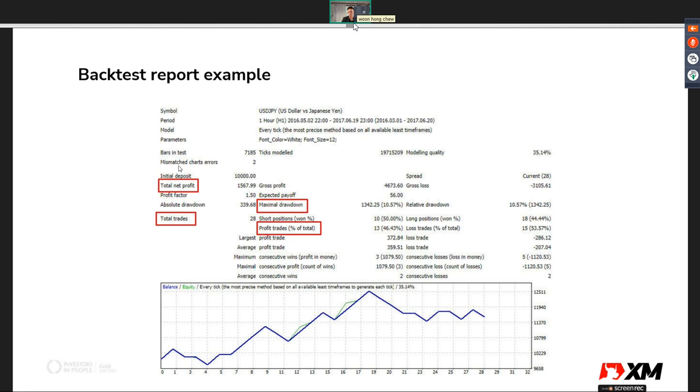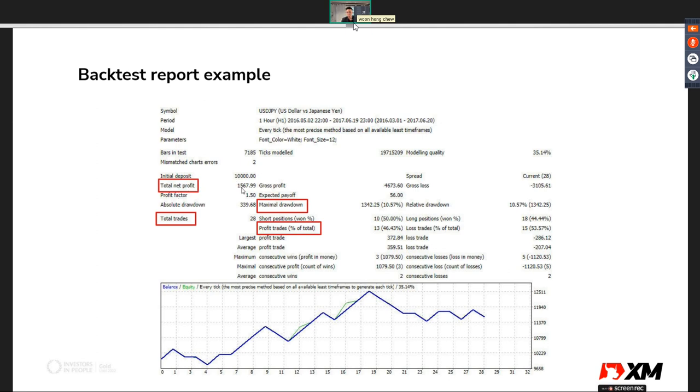But what is important is this mismatched chart errors. If it's more than about 8 to 10, it means that there are a lot of errors, and then you should run it again.